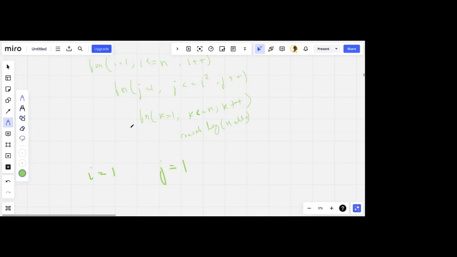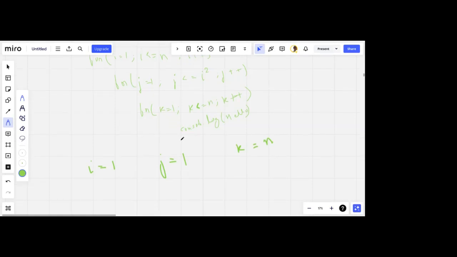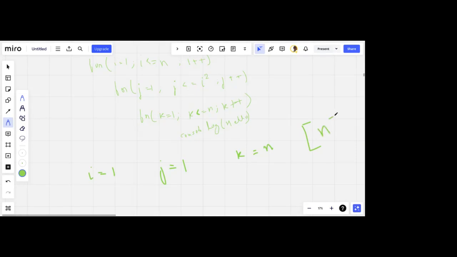And this is k equal to 1, k less than equal to n, so the k loop will be executed n times. So the total time will be n into 1, so this will be executed n times.